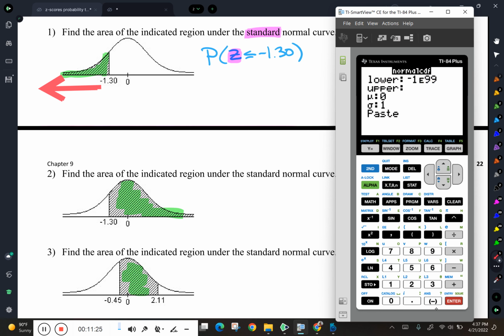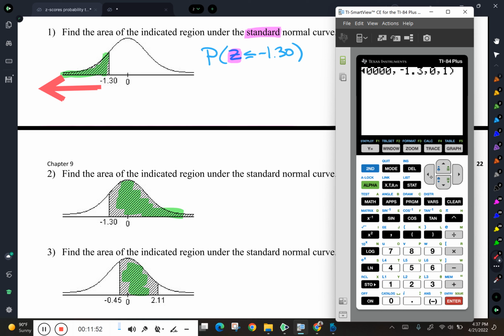Well, I'm just going to type in a stupid big negative number. Because of that horizontal asymptote out there, sooner or later it's going to get close enough that it doesn't matter. So I'm just going to put in a stupid big negative number. And then my upper limit will be that negative 1.3. My mean is 0 because it's a standard normal curve. My standard deviation is 1 because it's a standard normal curve, and I'll paste that back in.